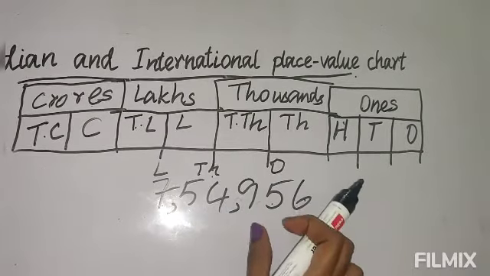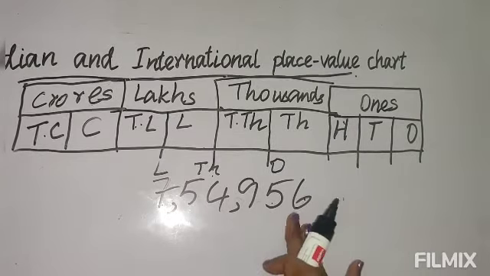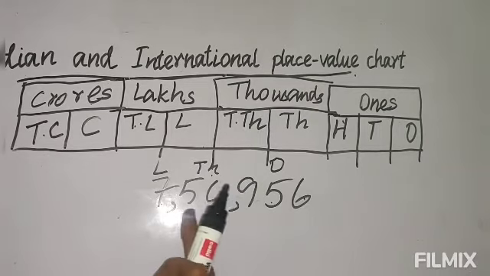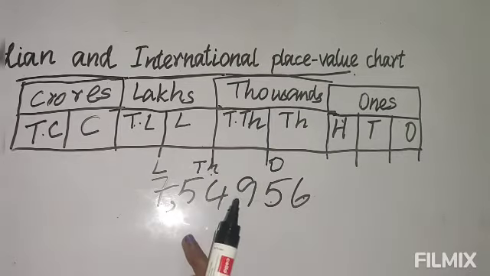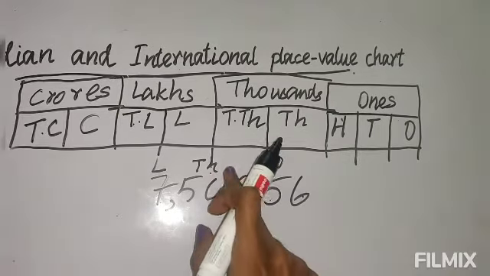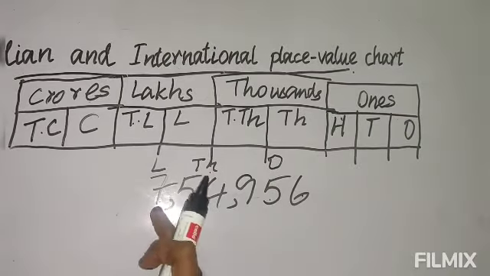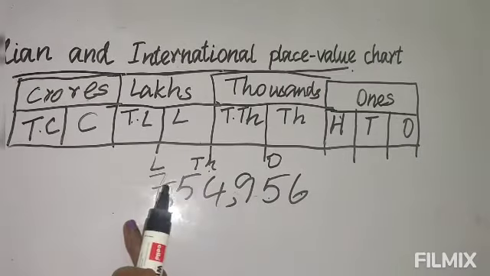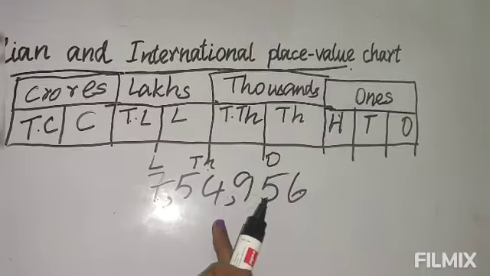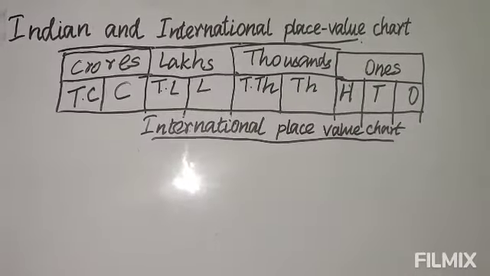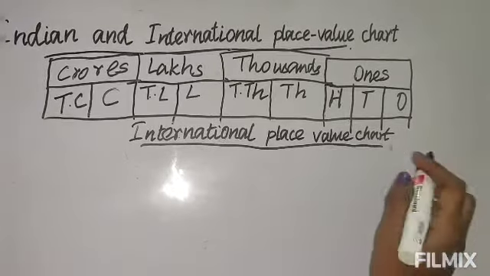These 3 digits you will be able to read easily, since you have learned in class 2. If you remember the period, then it will be easy for you. Just look at the number: in this period the number is 54, so 54,000, and here the number is 7 in the lakhs period, so 7 lakh. So you can easily write the number name 7 lakh 54,956.